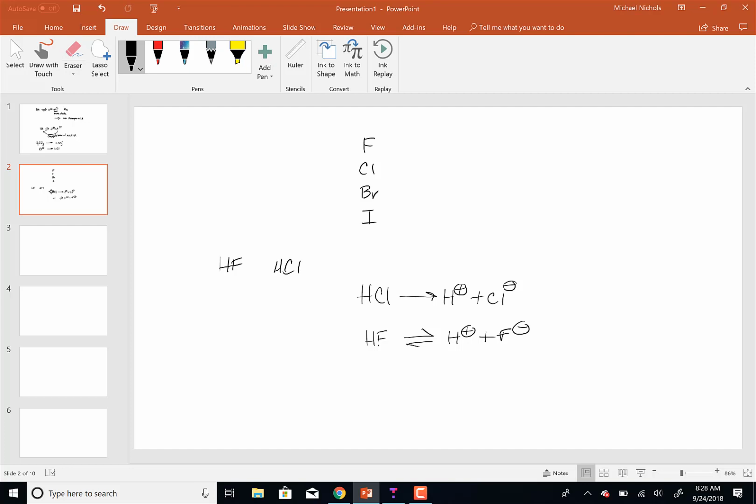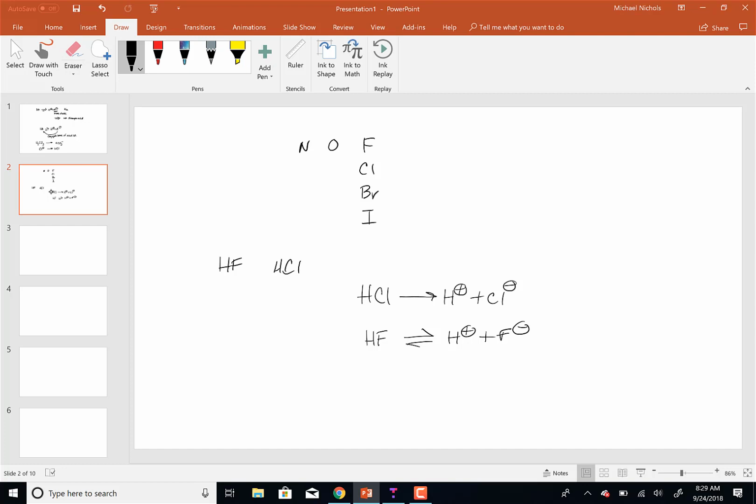As you go across the periodic table, HF is partially dissociated in water. Of course, the oxygen would be water, which is partially dissociated in water. But when we go to something like nitrogen, if you put a nitrogen compound in water, what happens?